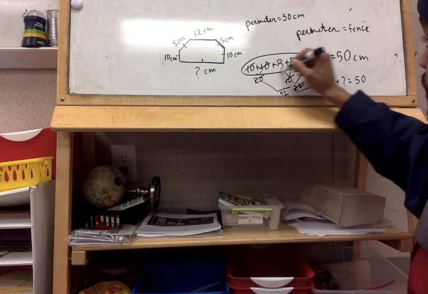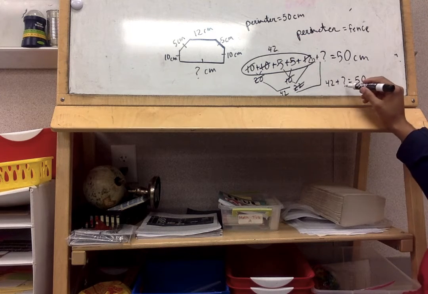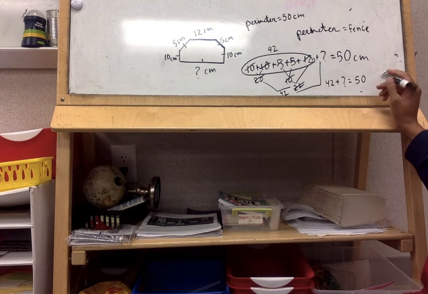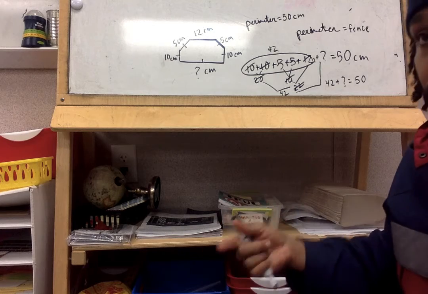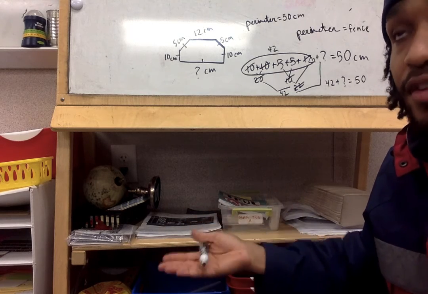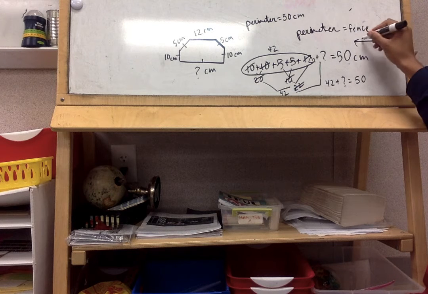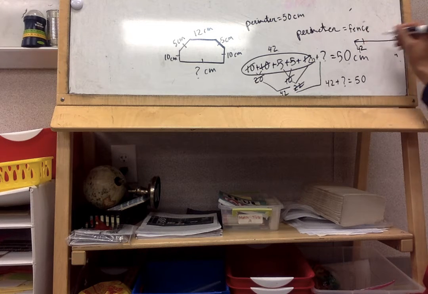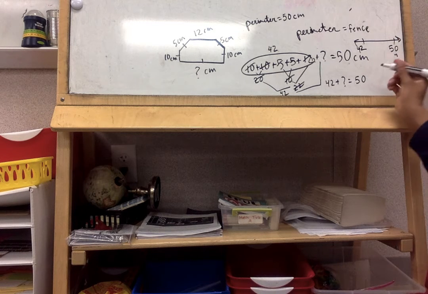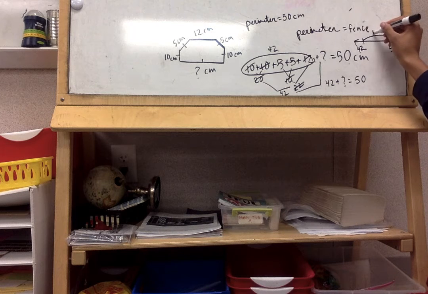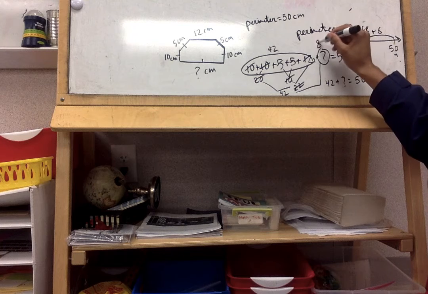A lot of students will count up 43, 44, 45, 46, 47, 48, 49, 50. They could use a number line also, counting up from 42 to 50. And they'll get 8. So that unknown number is actually 8.